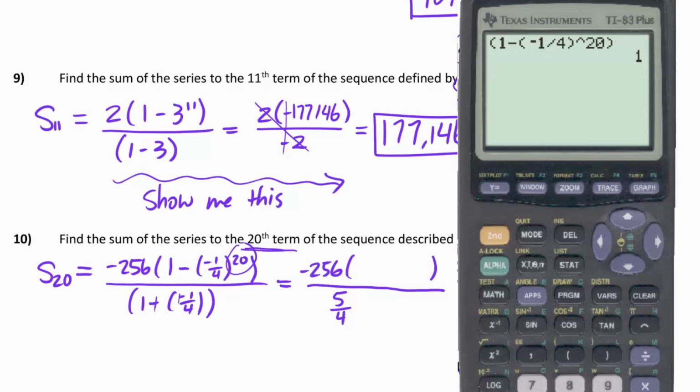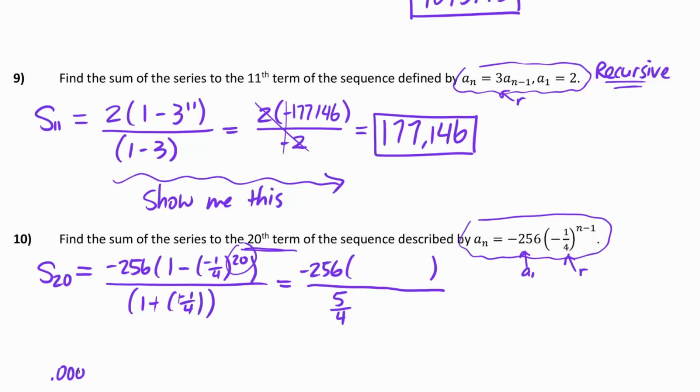And pressing Enter, this is interesting, it says 1. So one thing that's kind of weird, negative 1/4, if I raise that to like the 10th power, let's say, it is already so incredibly small. 9.5 times 10 to the negative 7 power would be 6 zeros with the 7 afterwards.